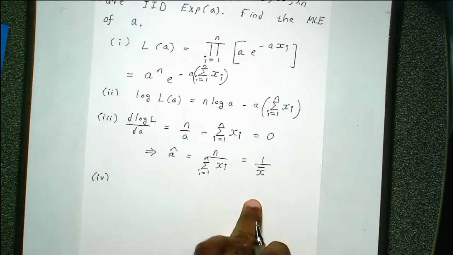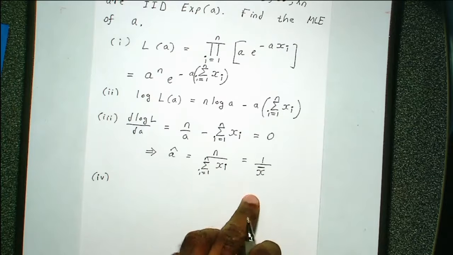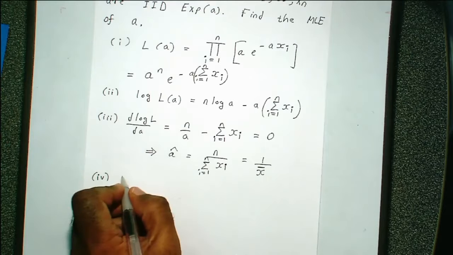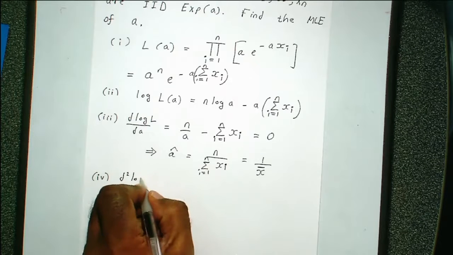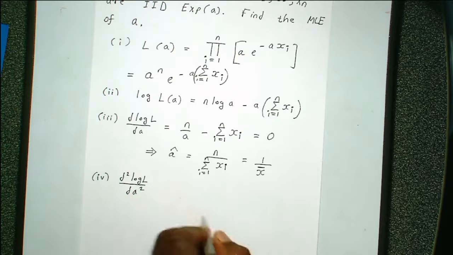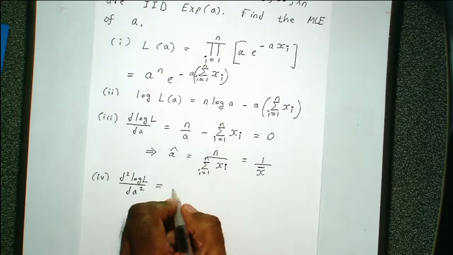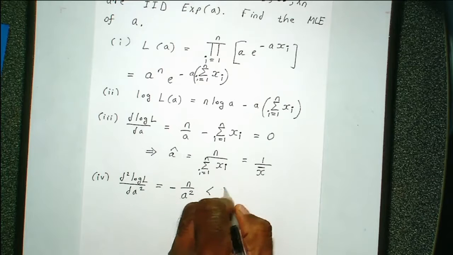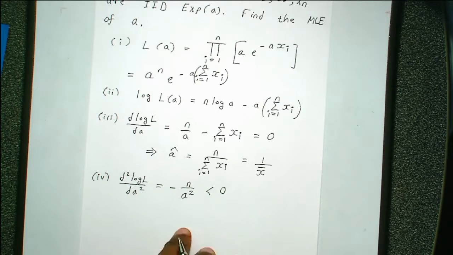Step number 4. In order to make sure that this is an MLE, we need to find the second order derivative. So it's going to be the first order derivative of this, which is minus n over A squared, which is negative, because anything squared is a positive number.